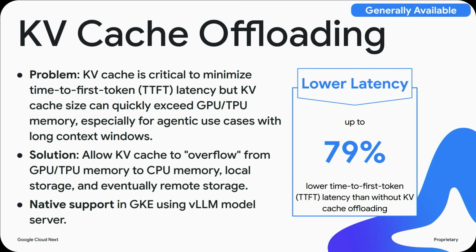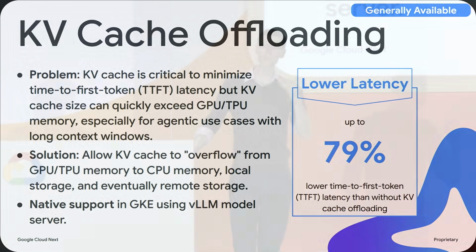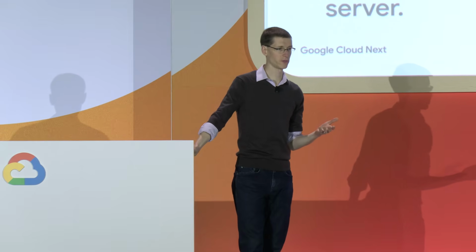A couple other inference improvements briefly that I'll touch upon. KV cache offloading. This allows you, rather than relying only upon the RAM, the high bandwidth memory, on your accelerator nodes, your GPUs or your TPUs, to instead also use additional forms of storage for KV cache. So for example, storing on the RAM associated with the CPU on the host, using local SSD attached to the host, storing in Google Cloud Storage.